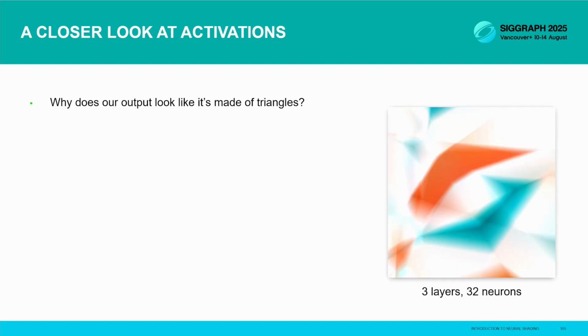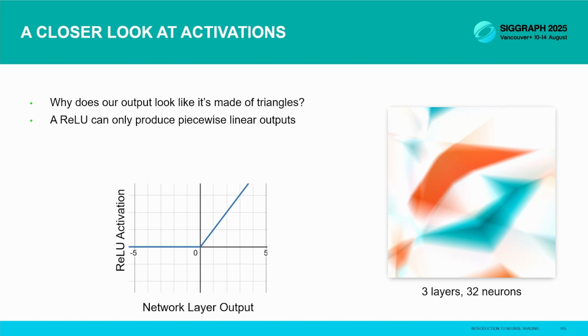Now, the next thing that you'll notice is that the output of the network looks weirdly like it's triangulated, like it's made of these little pieces that almost look like they're linearly interpolated. And this is because that's actually true. That is what happens. This is again because of the activation that we use.